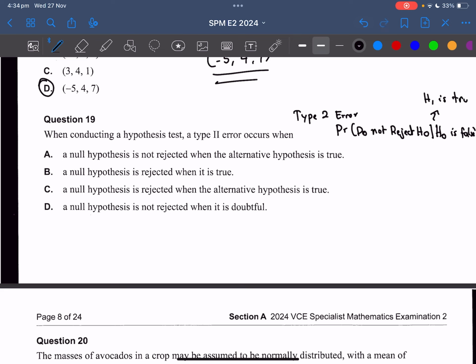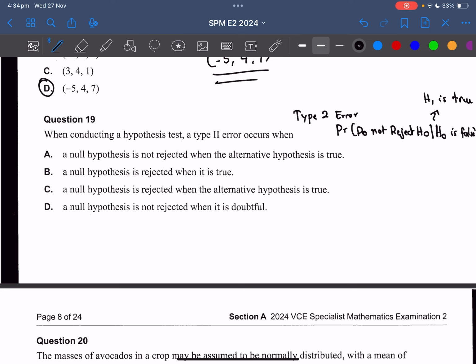Either of them works. So type 2 error is the probability that we do not reject the null hypothesis H0 given that it is false, or given that the alternative hypothesis is true.